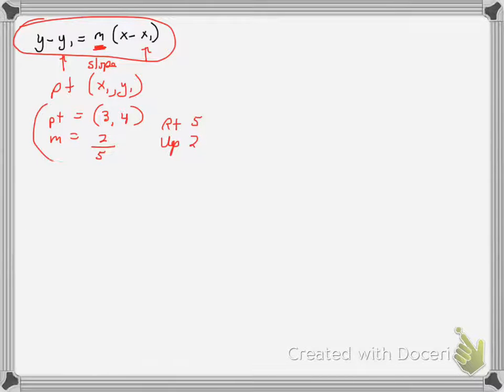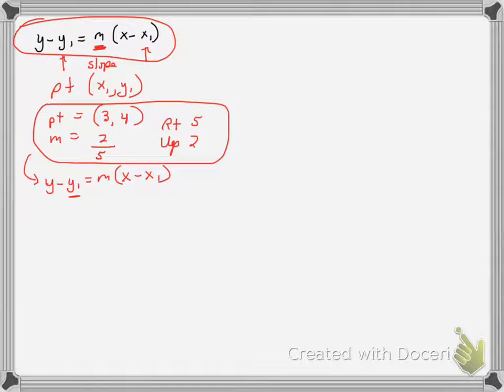This represents graph information that I've read off the graph, and now I want to convert that to an equation. Remember, we're always going back and forth to an equation from a graph or to a graph from an equation. So start with my general form: y minus y1 equals m times x minus x1. Now I'm going to plug in my y1, my m, and my x1. The y1 and the x1 are actual values as opposed to the variables y and x.